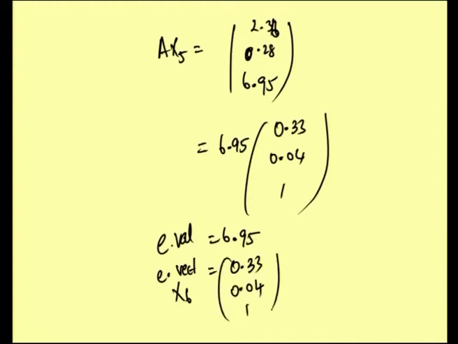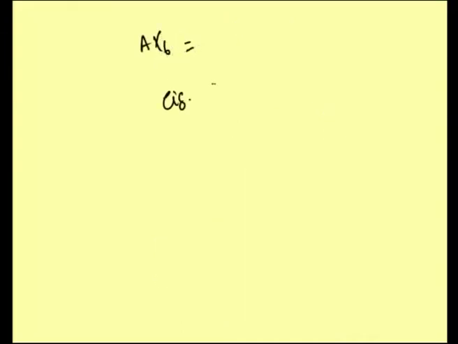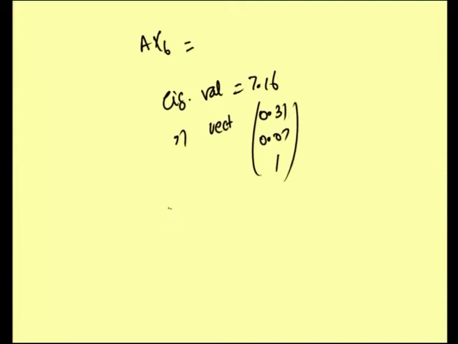So, likewise we continue and we are going to stop this at ax6 is found out, and in that we get eigenvalue is 7.16 and eigenvector is 0.31, 0.071, and then we find out ax7. ax7 comes to be equal to 2.1, 0.52, 7.07.